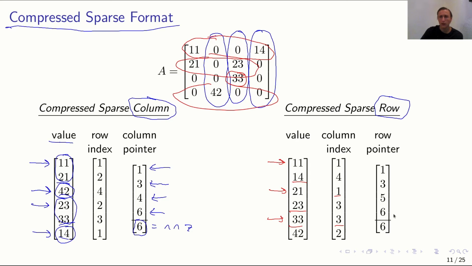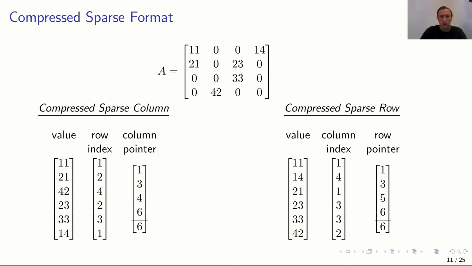And then the fourth row is going to start with the sixth element of our value array. Now note that if, for example, let me get rid of this value, it did not exist, so this would be a 0 value, then in this case, this full column would be 0.